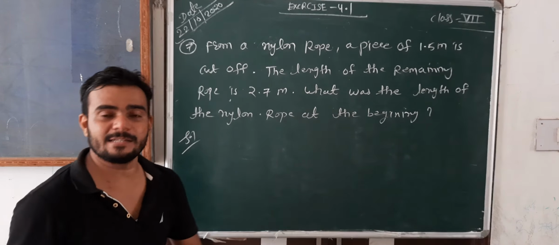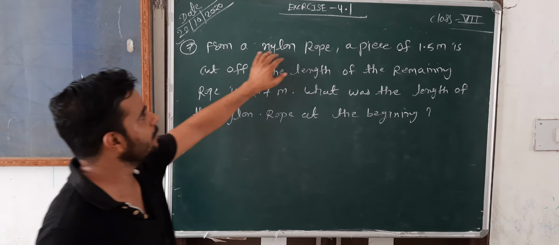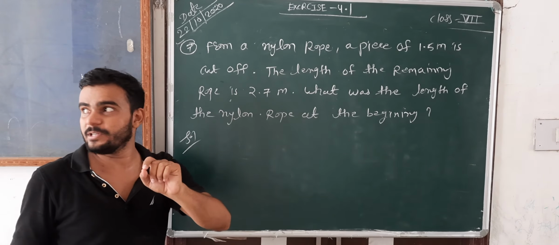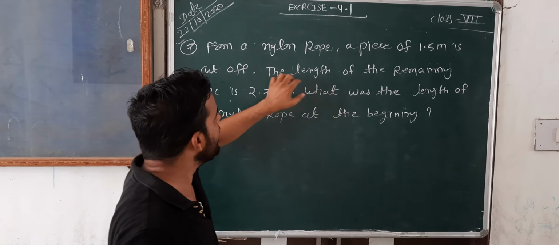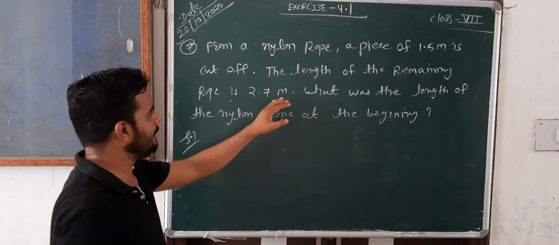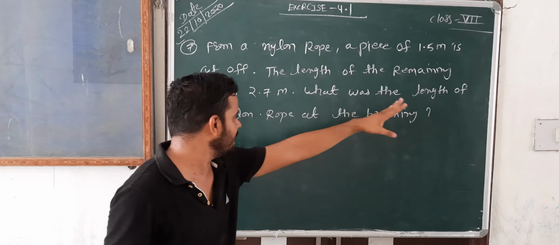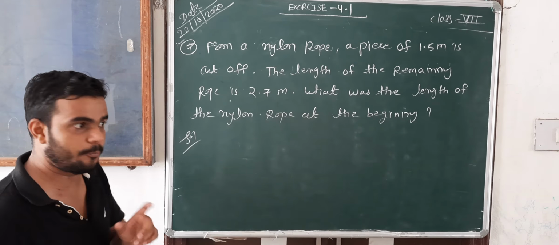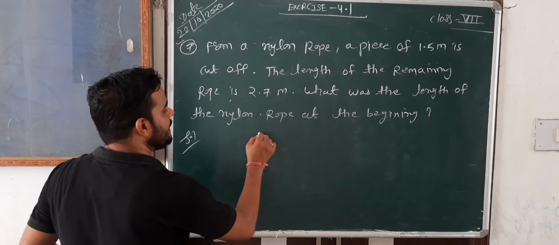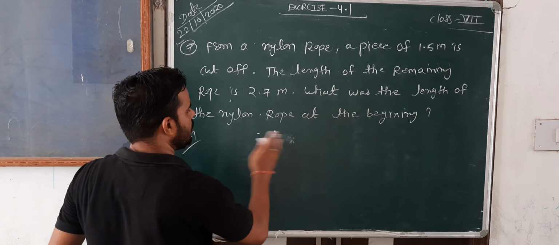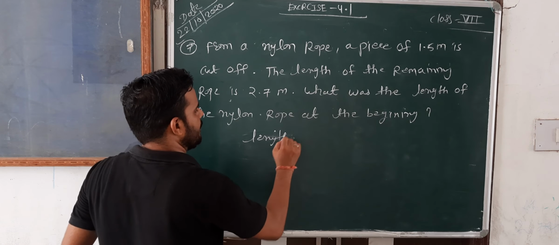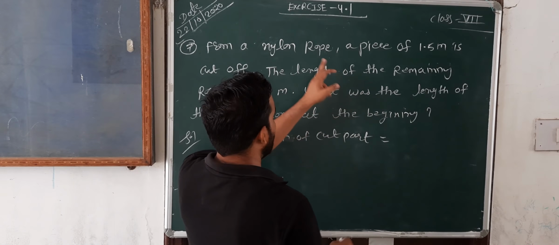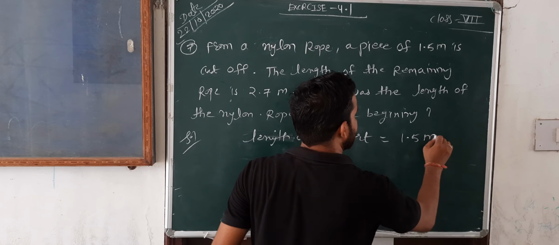Okay, so next and last question of today's class. From a nylon rope, a piece of 1.5 meter is cut off. The length of the remaining rope is 2.7 meter. What was the length of the nylon rope before the cutting? So the cut piece length is how much? 1.5 meter is cut.